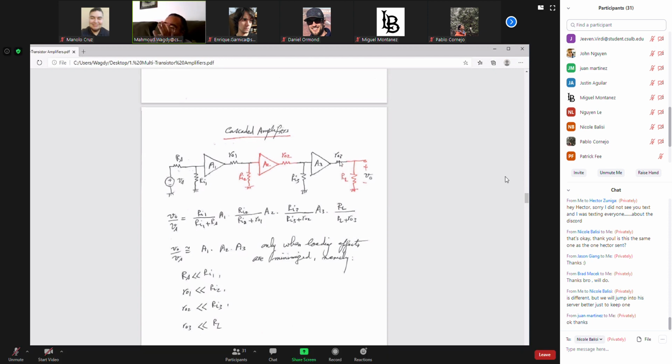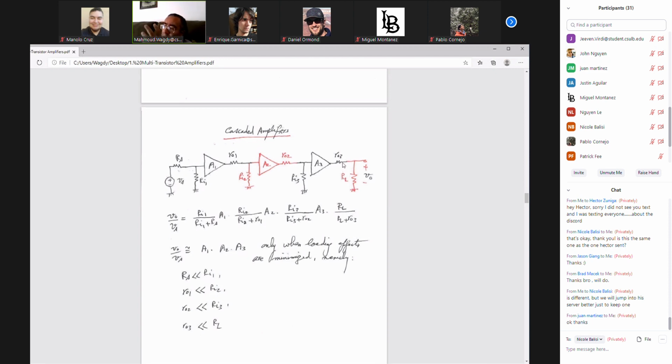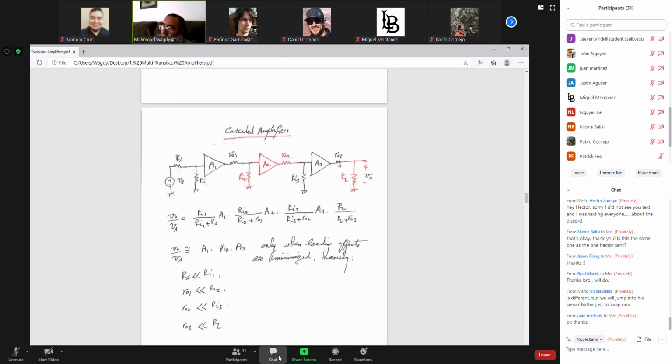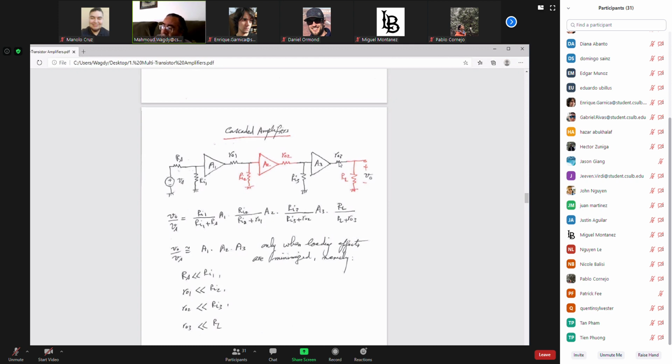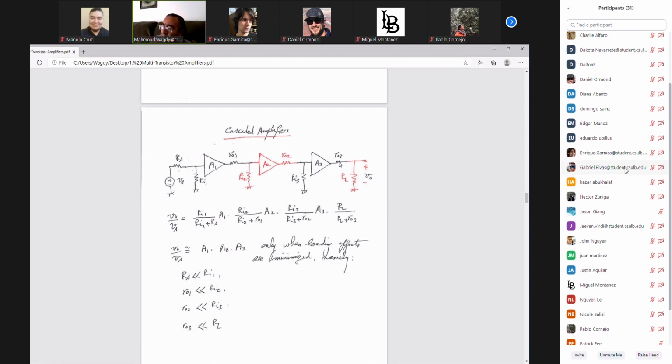So for example, if those R outputs are in the order of a few ohms and RL is a few kilo ohms, it's okay. Let's suppose RL is 2 kilo ohms, RO is 2 ohms. That's a ratio of 1,000.